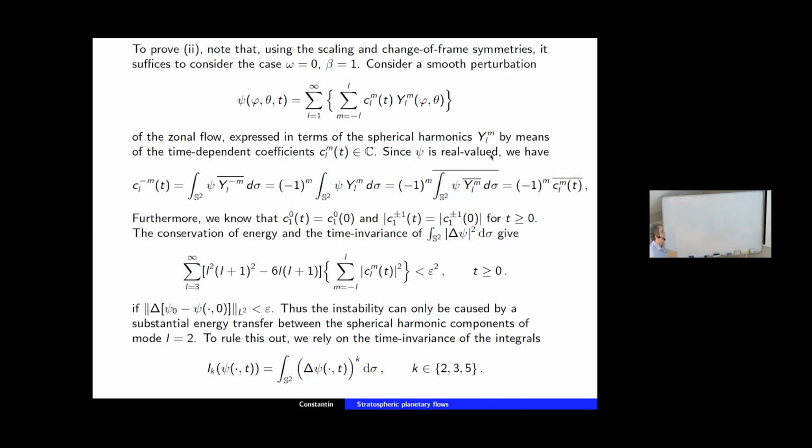The problem is that, of course, this one is easy to compute, but we take this to a power: 2, 3, and 5. 4 doesn't bring you anything new.